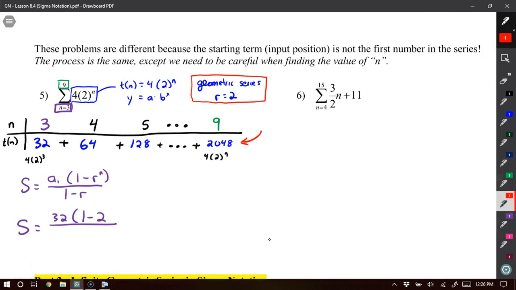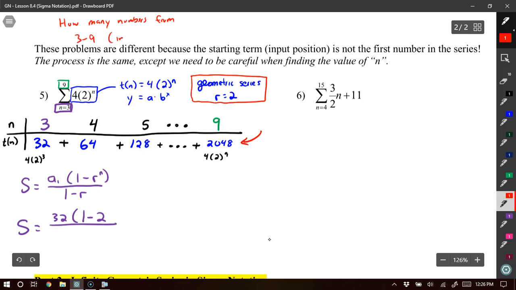In this case, you are starting at 3 and ending at 9. So how many numbers are there from 3 to 9? And we have to include 3. Well, there's 6 numbers between 3 and 9, we have 4, 5, 6, 7, and 8, but we also have to realize we're counting 3.